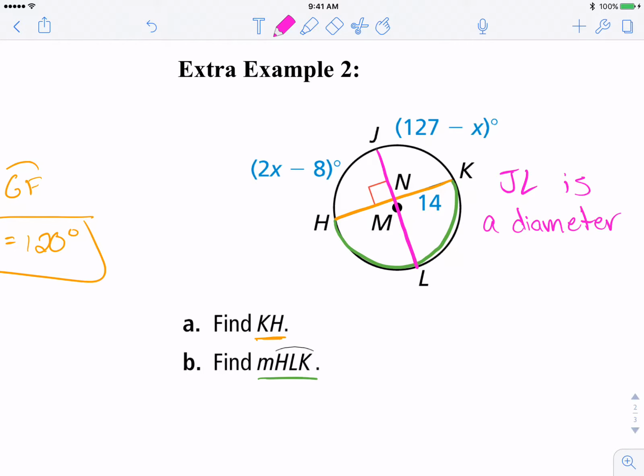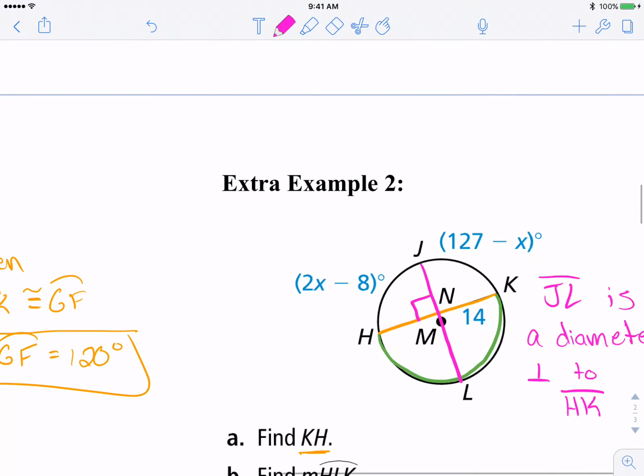So if J to L is a diameter, it's also perpendicular to the chord HK. So we have a diameter perpendicular to a chord.